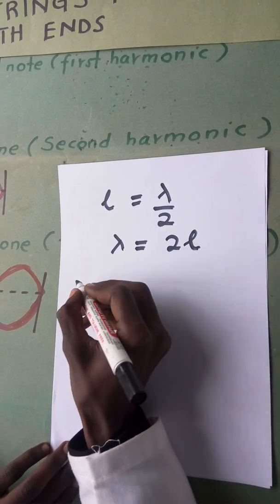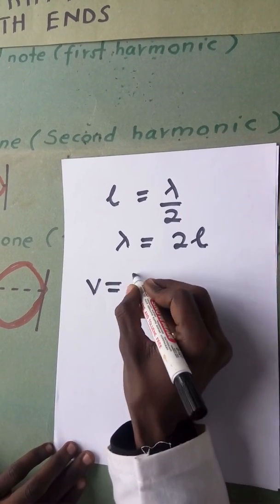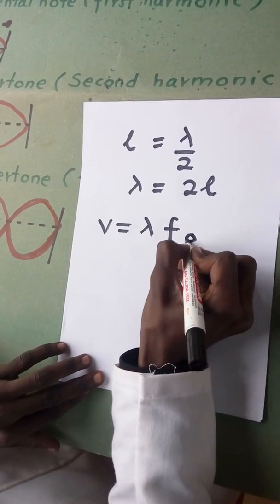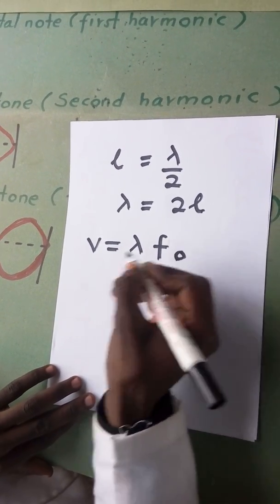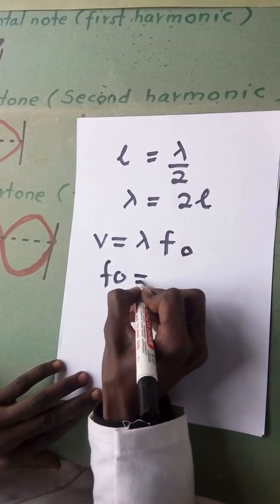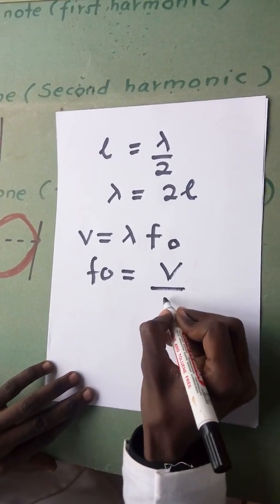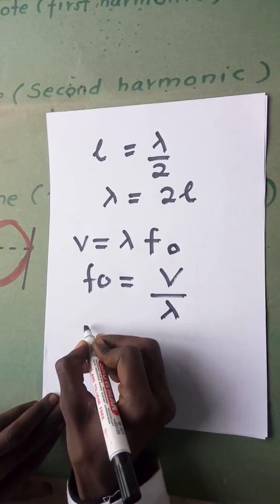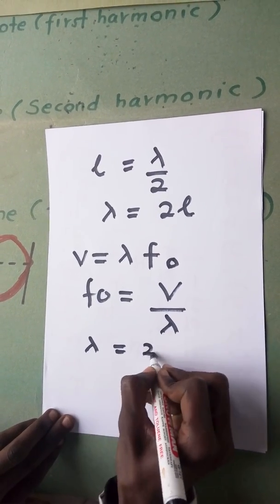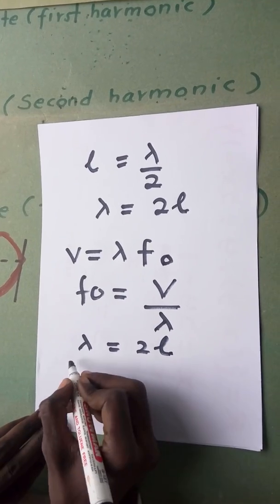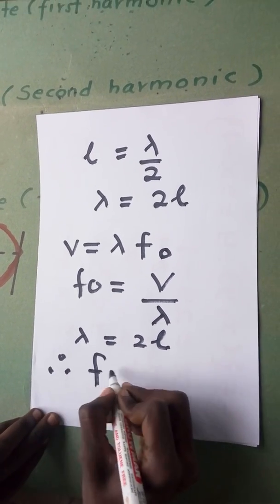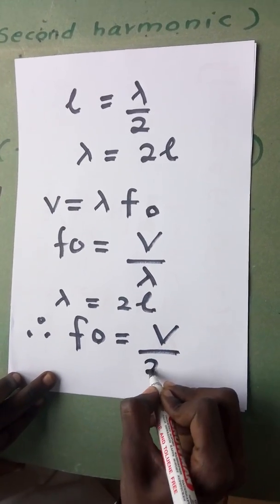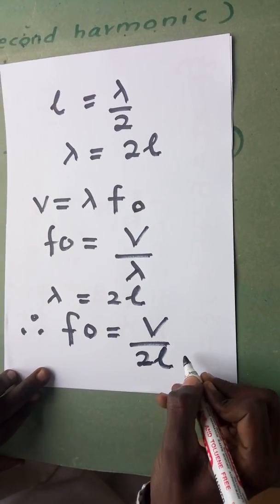From velocity equals wavelength times frequency, fundamental frequency is equal to velocity over wavelength. But wavelength is equal to 2L. Therefore, fundamental frequency is equal to velocity over 2 times length.